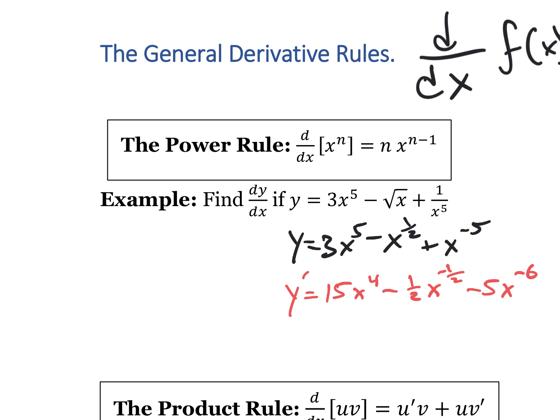And we should go ahead and rewrite this with positive exponents. So this is minus 1 over 2 square root of x, the 1/2 goes to the bottom. And this is minus 5 over x to the 6th, the x to the 6 is going downstairs, the 5 stays upstairs.